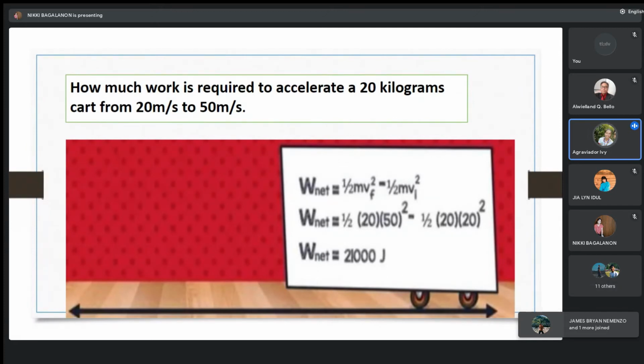Net work equals one half mass times final velocity squared minus initial velocity squared. Next.